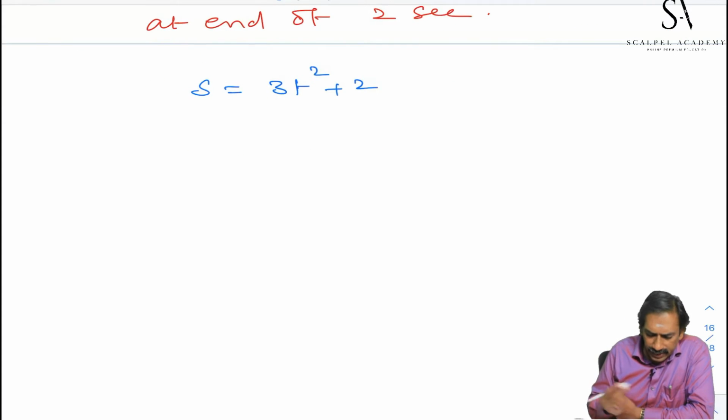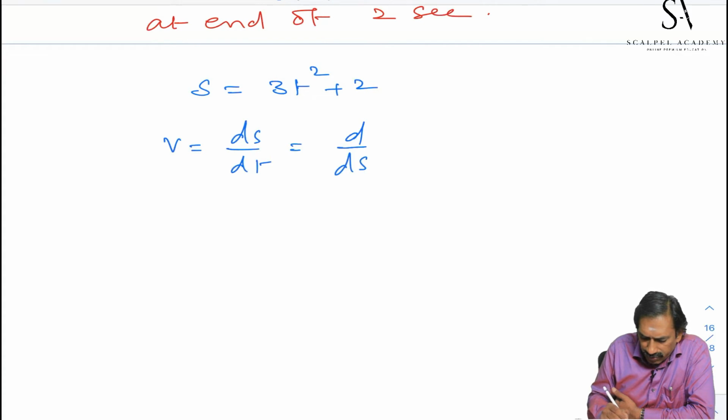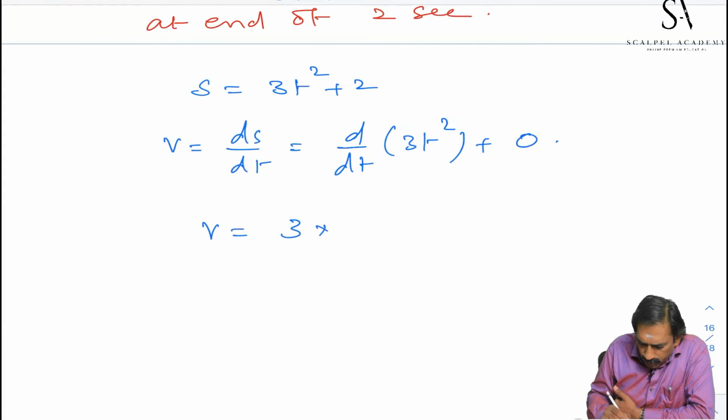Okay, student, let us differentiate displacement with respect to time to get velocity. ds by dt is equal to d by dt of 3t square plus differentiation of constant 0, 3 into 2t, then v is equal to 6t.